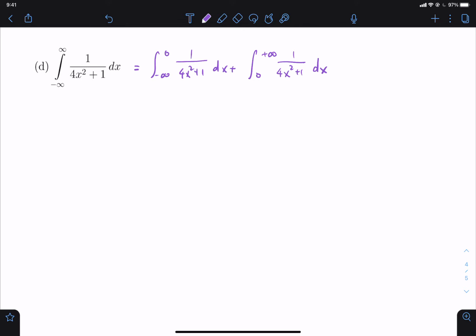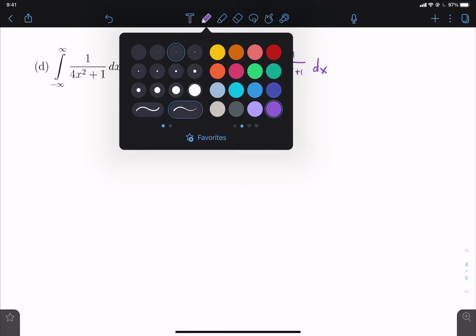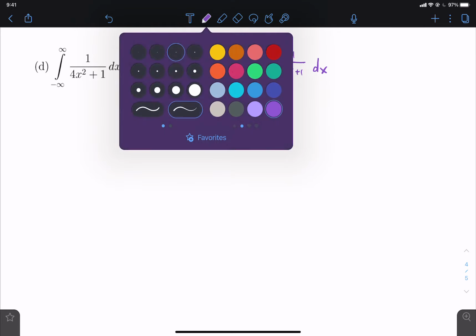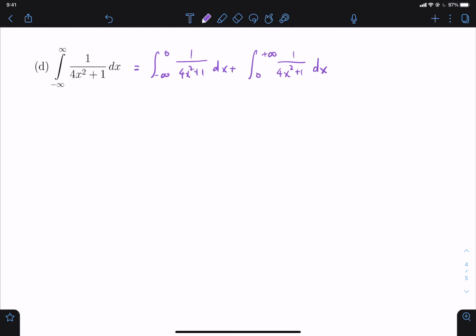After this, we need to evaluate each of these integrals to determine whether the function is convergent or not. And same as the previous question, if both of these are convergent, then the sum is convergent. Otherwise, one of them being divergent means the whole thing is divergent.